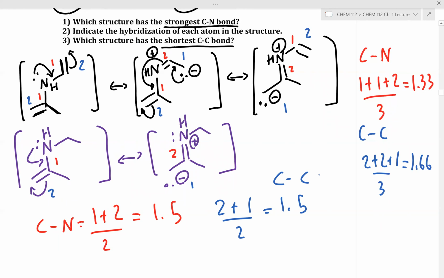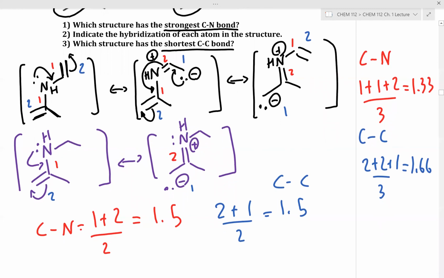So looking at, let's take a look at these really quickly. Let's see if we made any mistakes. So everything looks good from here. So then my question to all of you is, which of the following structures would we expect to have the strongest carbon-nitrogen bond?